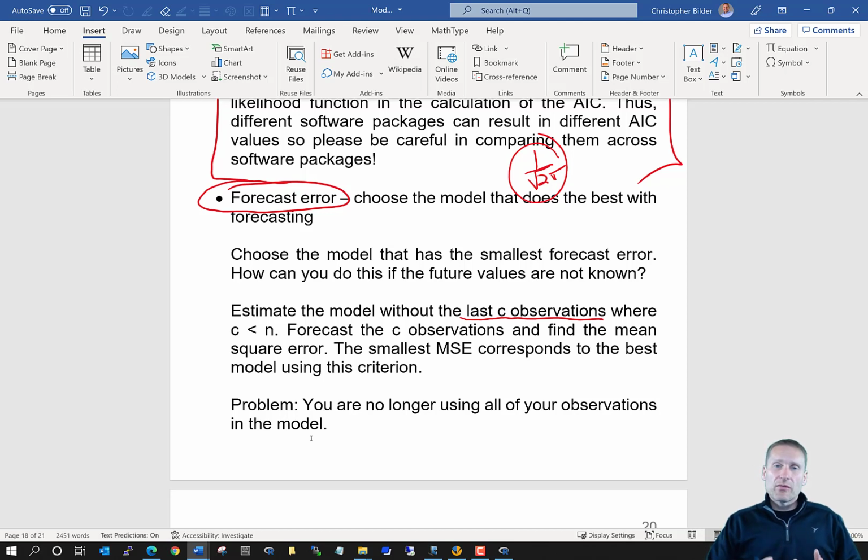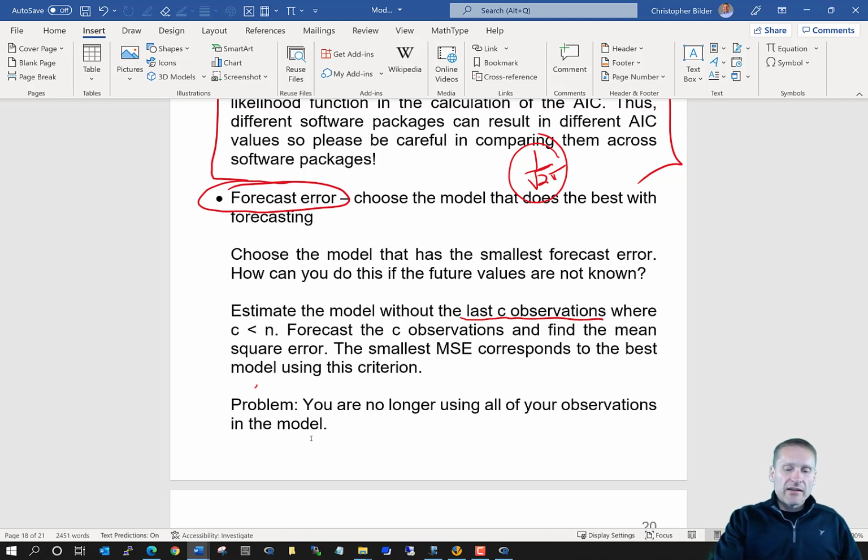Just base your modeling on the first 100. Save those 10 for later so you can calculate the forecast error, and then the average forecast error across those 10 for the different models. So you could do that.